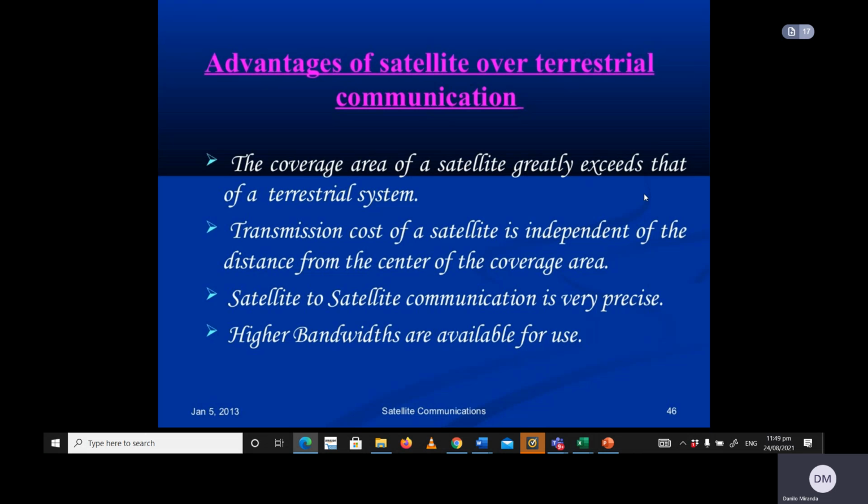Advantage of satellite over terrestrial. The coverage area is extreme compared to terrestrial.